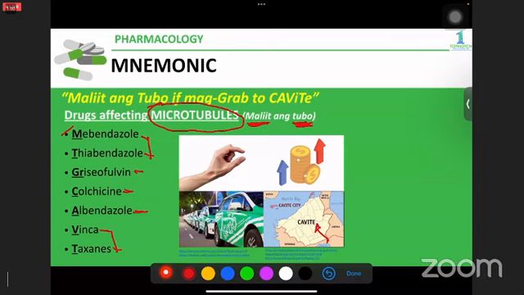Okay, so these are antifungal, these are anthelmintics. What I mean is these 4 are antimicrobials. Okay? Then your colchicine is for gout. Then your Vinca and Taxane are chemo drugs.